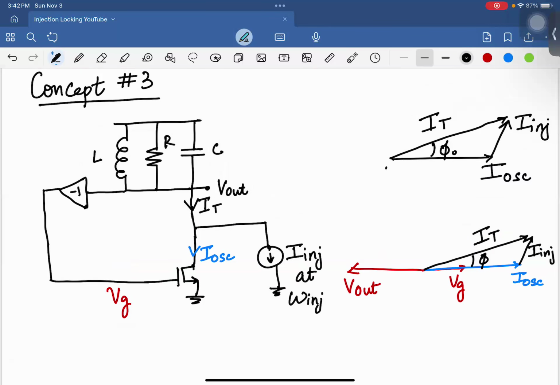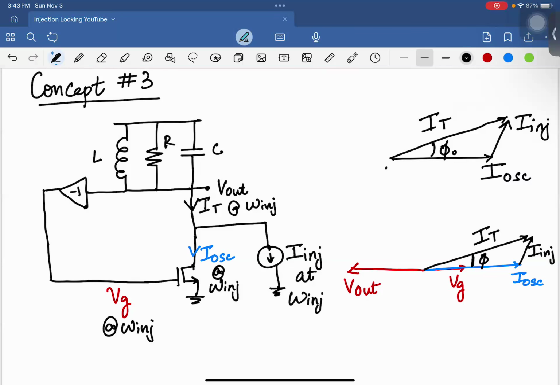So this doesn't really explain the mechanism behind or the dynamics behind how injection locking occurred. But what I'm saying is that after injection locking has occurred, if everything in this circuit is at omega injection, all of them at the same frequency now, once it has gotten locked at omega injection, then you can draw a phasor diagram. And the phasor diagram is such that I oscillation and I injection, when they add up, you get IT.